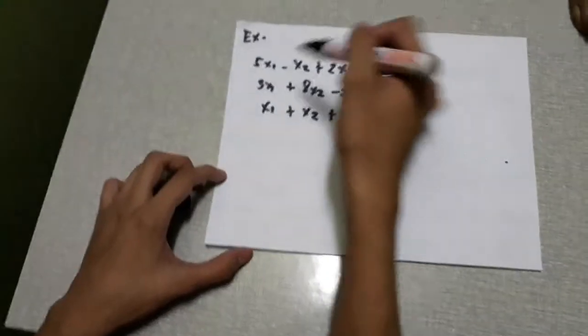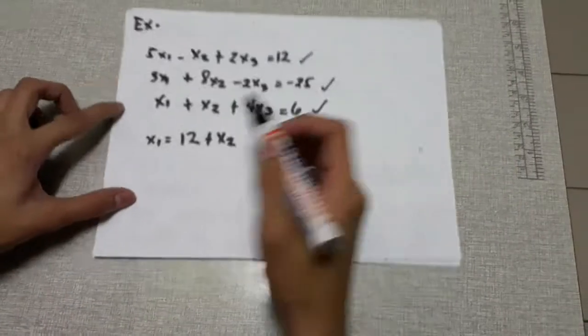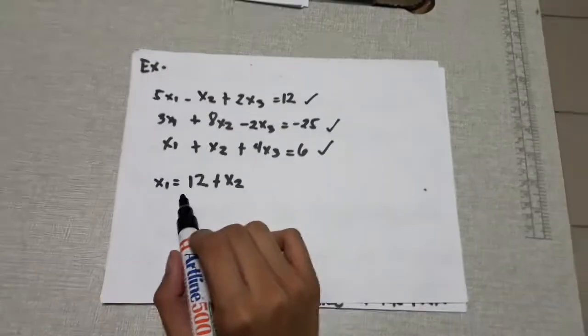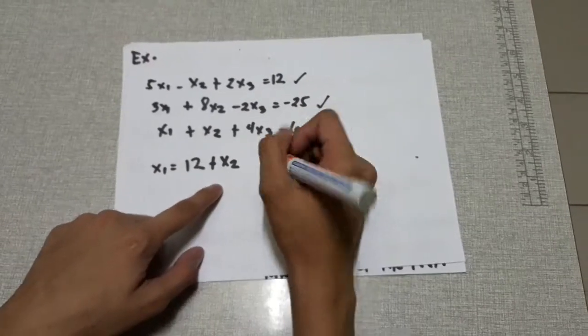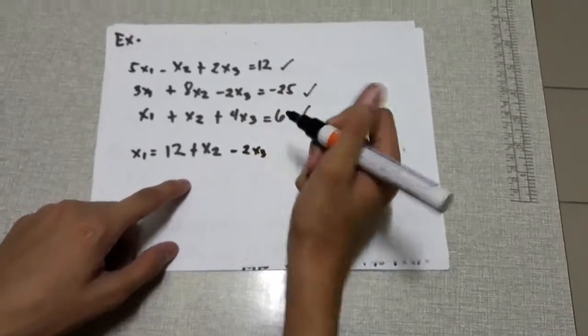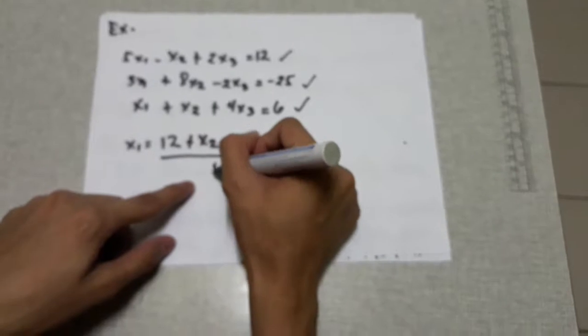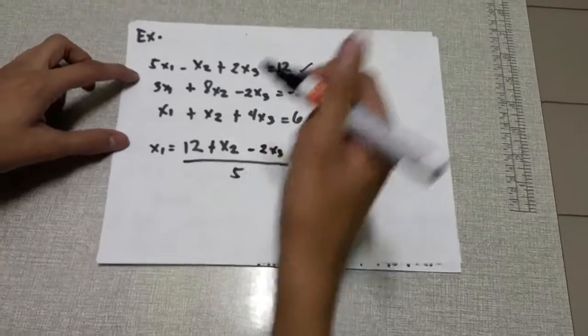Our first step is to make an equation for x sub 1 so we can find the value of x sub 1. So 12 plus x sub 2 minus 2x sub 3, over 5, is the equation for x sub 1.